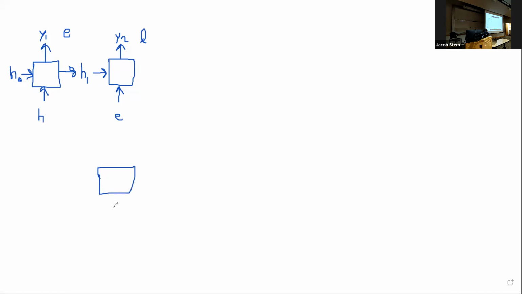So we will prompt it with a start token. And then we'll pass in a hidden state.